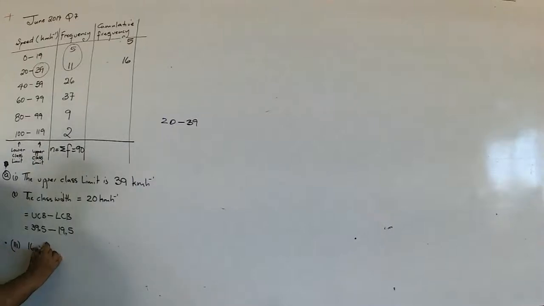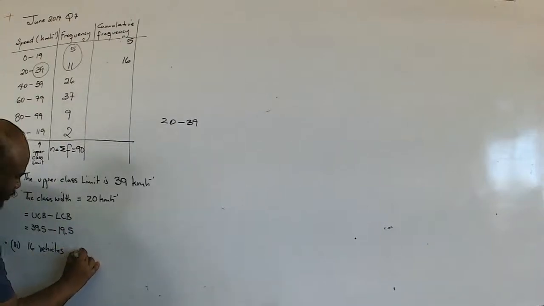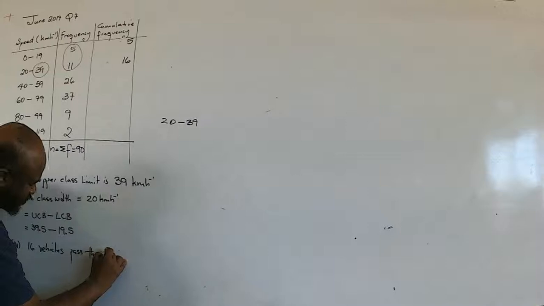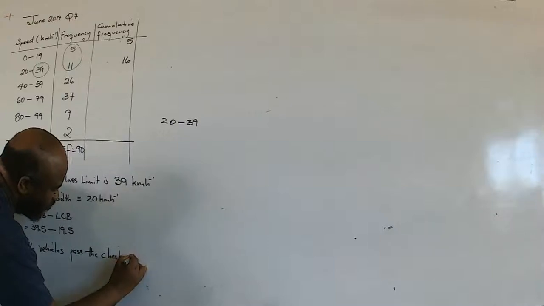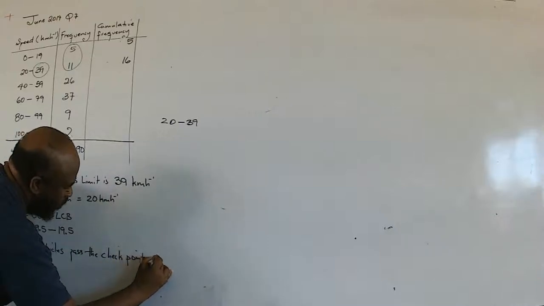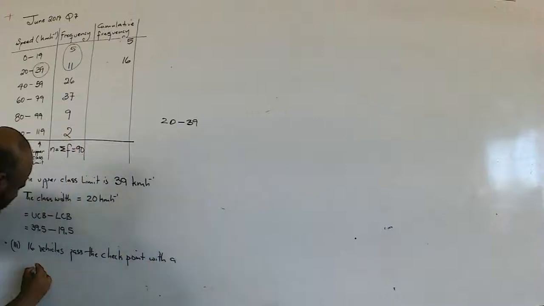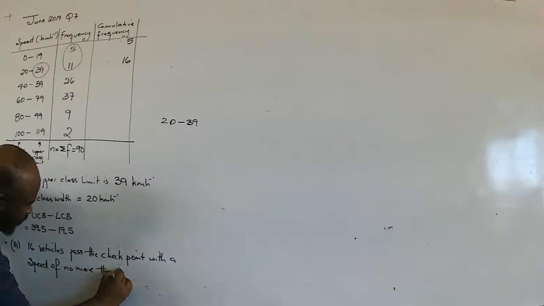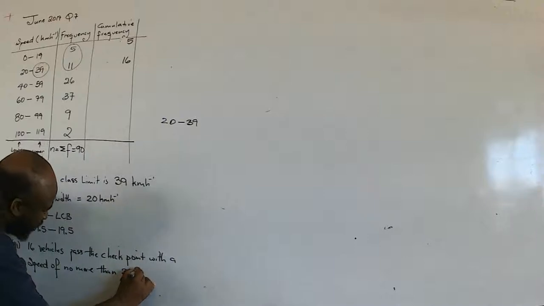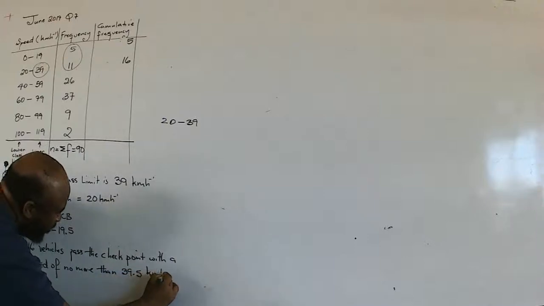16 vehicles pass the checkpoint with a speed of no more than 39.5 kilometers per hour.